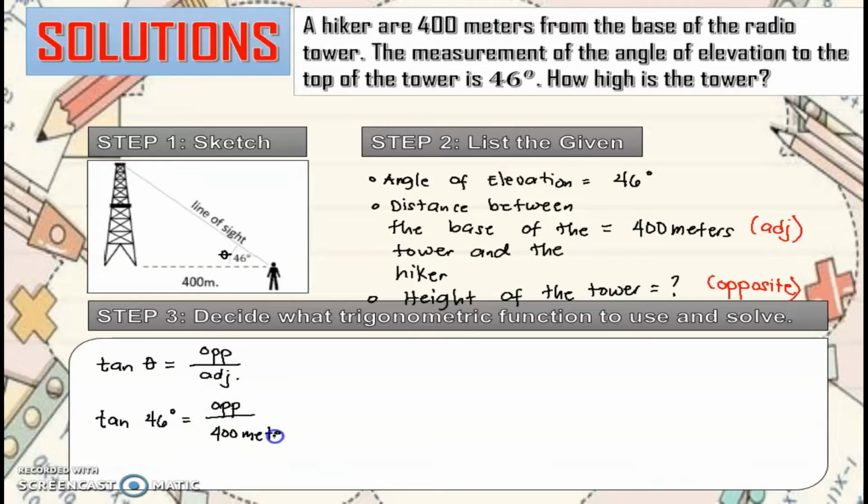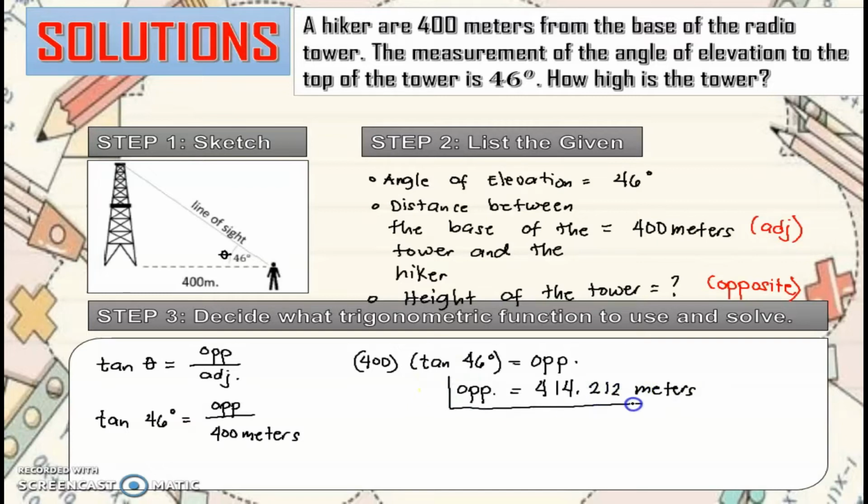So here, you need to use your calculator. Cross multiply, and that would be 400 times tangent 46 degrees equals the opposite side. So you multiply 400 and tangent 46 degrees, and the opposite side equals 414.212 meters.